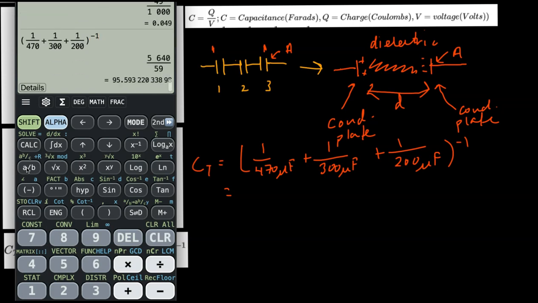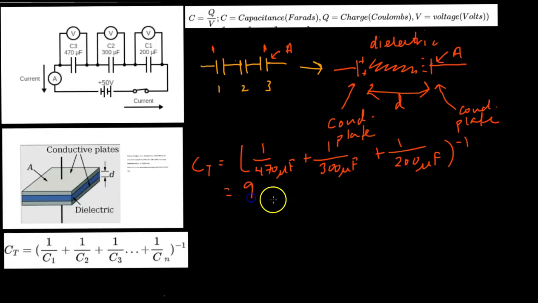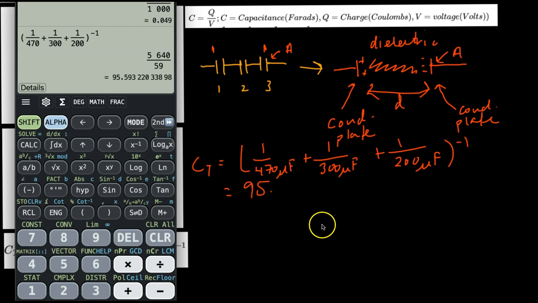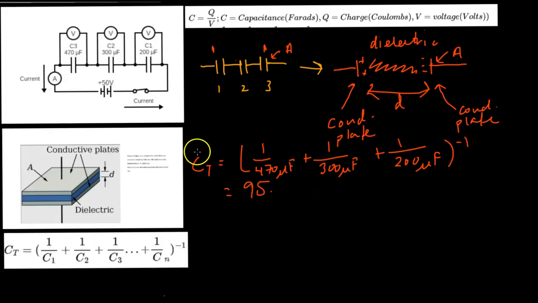Inverse of all that. Total capacitance comes out to be 95.59 to 2 decimal places.